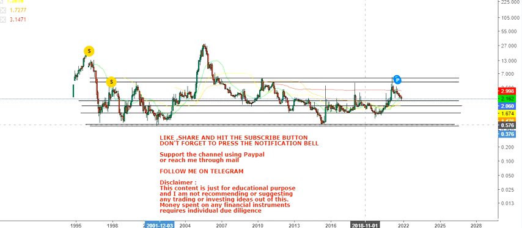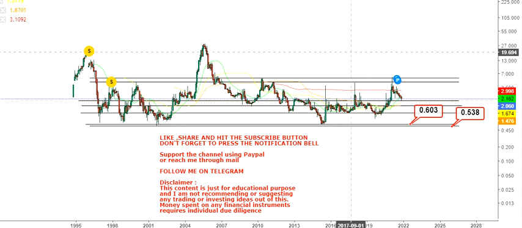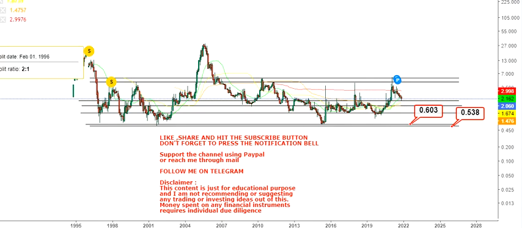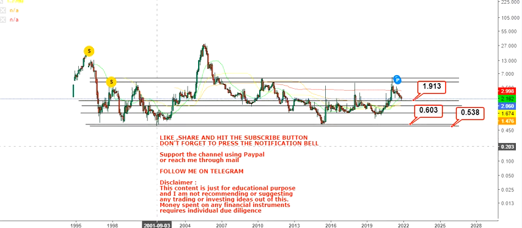If you are looking at the range, its lower level is between 53 cents and 60 cents. Right now the stock is taking support at 1.91, which was resistance in 1999, probably support between 2003 and then 2008 and 9.